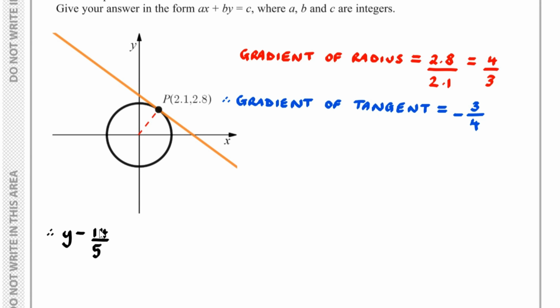So this 14/5 is equal to the y coordinate of P, and this is equal to the -3/4 multiplied by x subtract x1, which is 2.1, which I'm going to rewrite as 21/10.